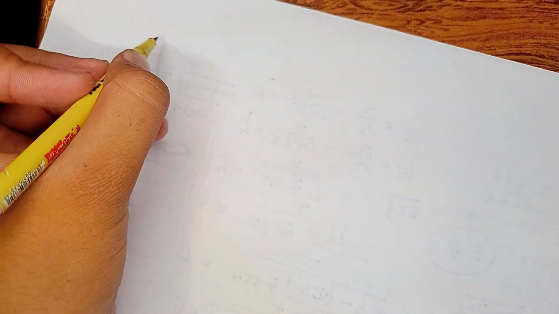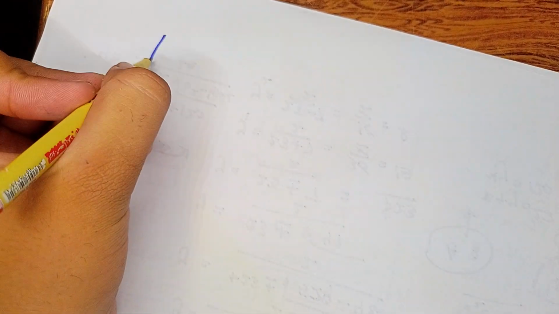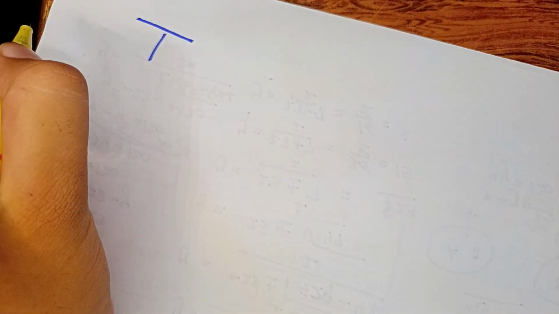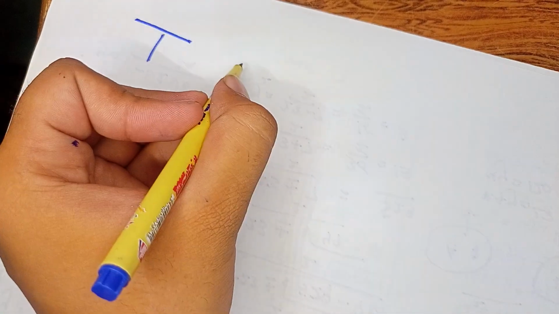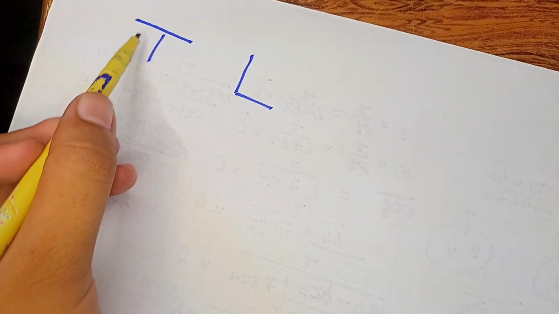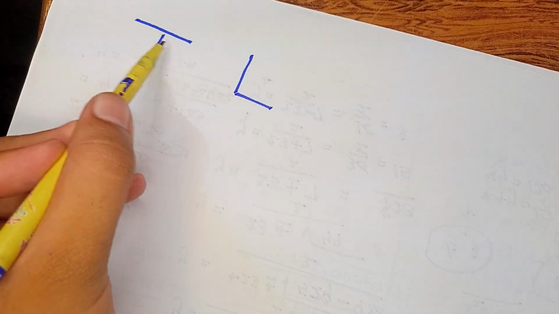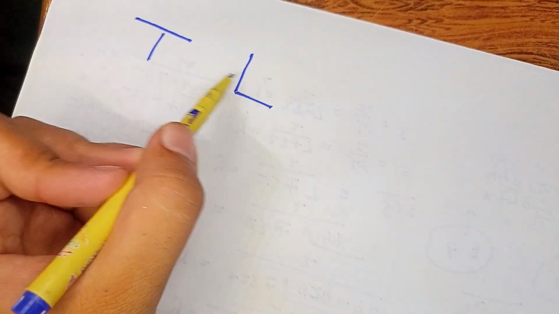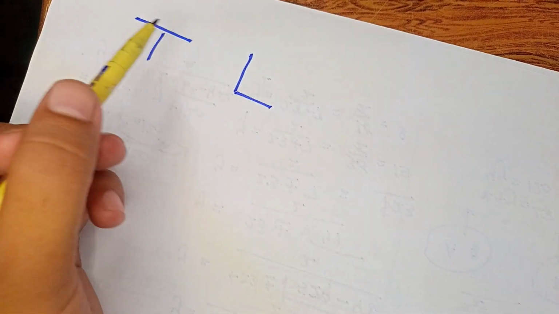You have two options: this is one side and this is the second side, and this is another example, one side and a second side. So you have to design this type of T beam or an L beam. It's up to you what you choose.